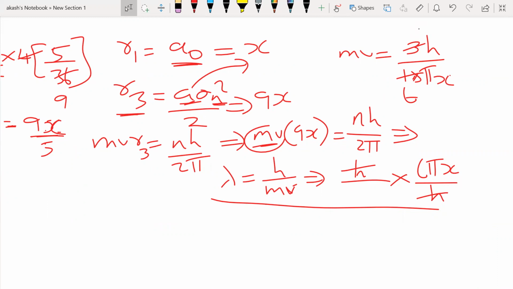Then mvr is equal to nh by 2 pi, I'm going for the third orbit, so I write it as R3. In the lambda equation I have mv. That mv I write in terms of the third orbit's radius, and that I found out is nh by 18 pi x. So if I substitute in the lambda equation, h and x get cancelled, and you are going to have 6 pi x. That's the answer.